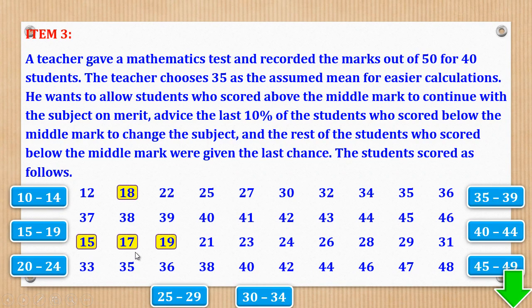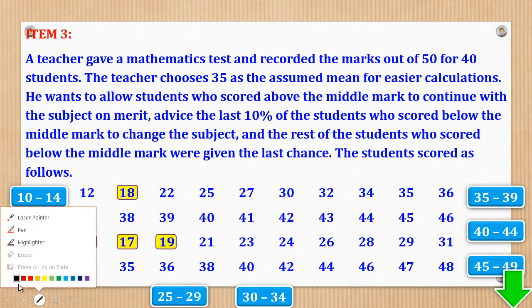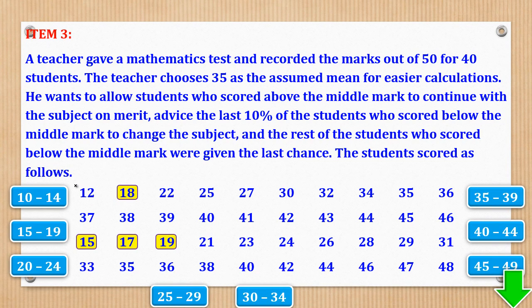Then 15 to 19 there's 1, 2, 3, 4. That is 4. So I shall write here 4. Then 20 to 24 we have 4. 25 to 29 we have 5.